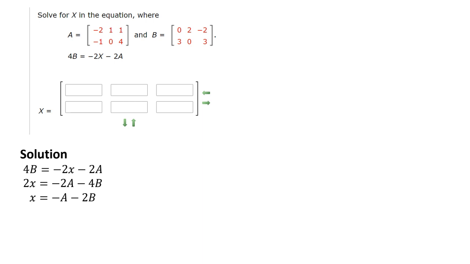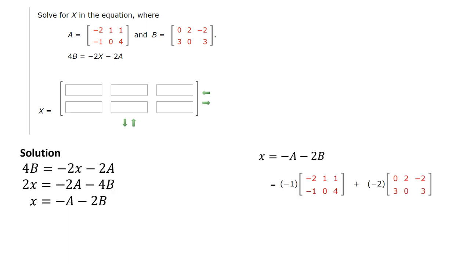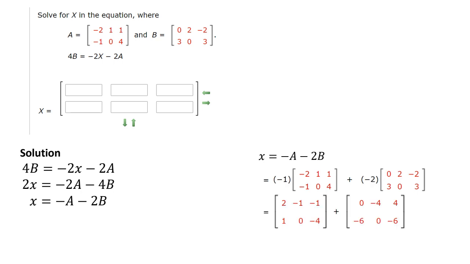Let's multiply -1 to matrix A, -2 to matrix B, and then add them together, right? Multiplying -1 to matrix A gives me 2, -1, -1, 1, 0, -4. Multiplying -2 to matrix B gives me 0, -4, 4, -6, 0, -6.